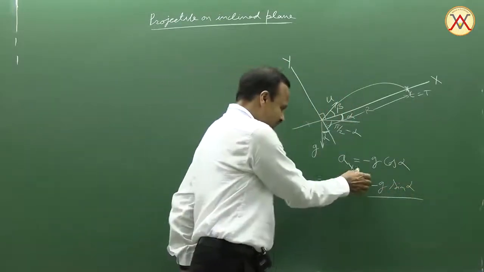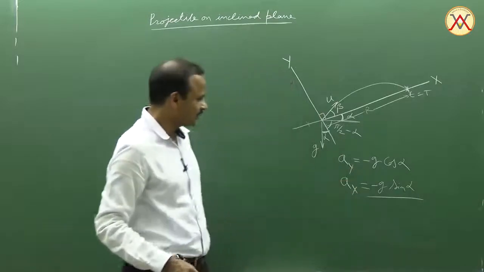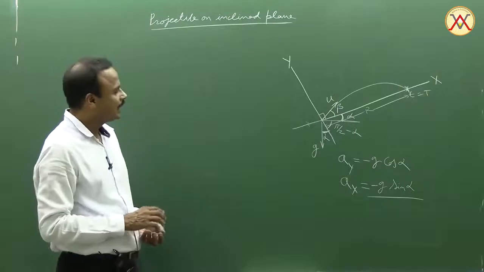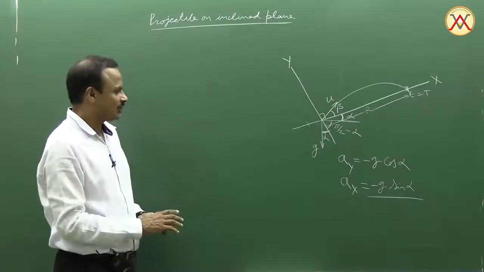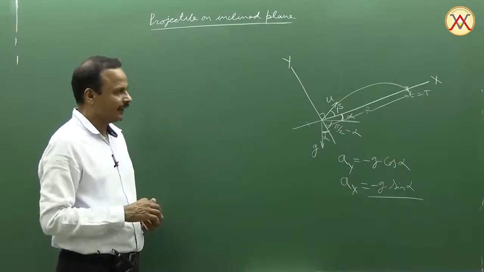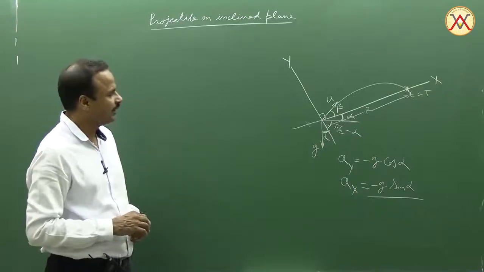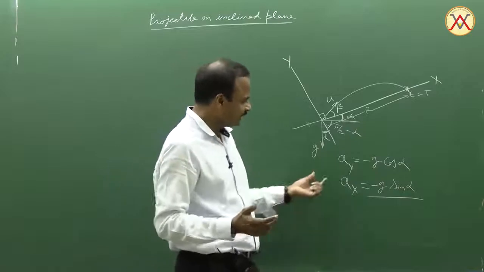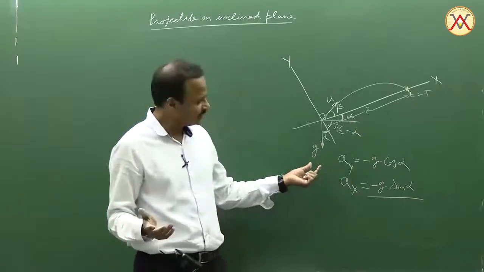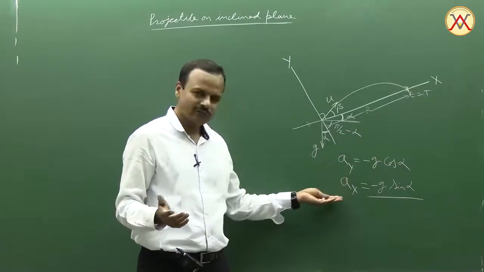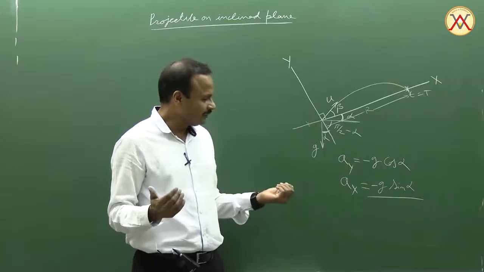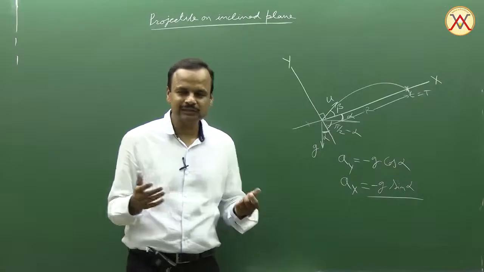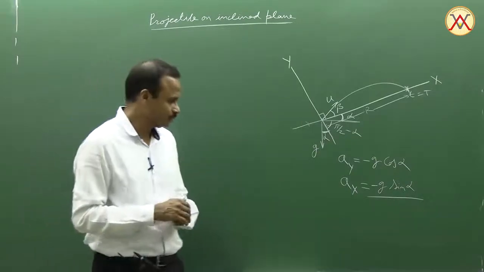So the disadvantage of this coordinate system was that we had to resolve g. And now let us write the x and y components. We can write x and y components of velocity using the first equation of motion in x direction and y direction, and we can write the x coordinate and y coordinate using the second equation of motion.